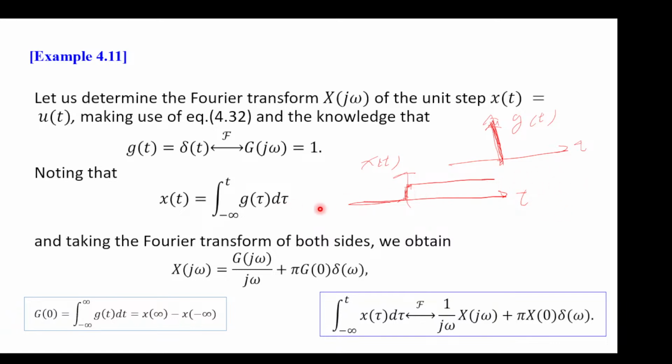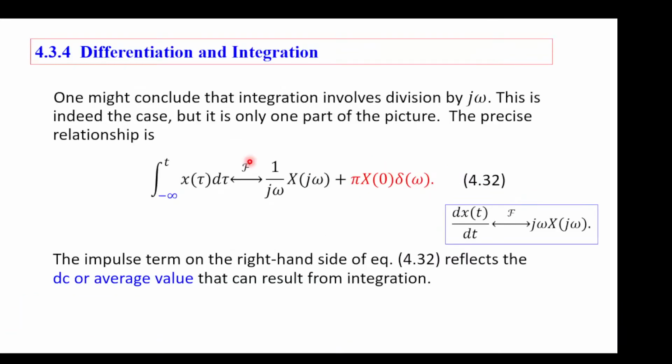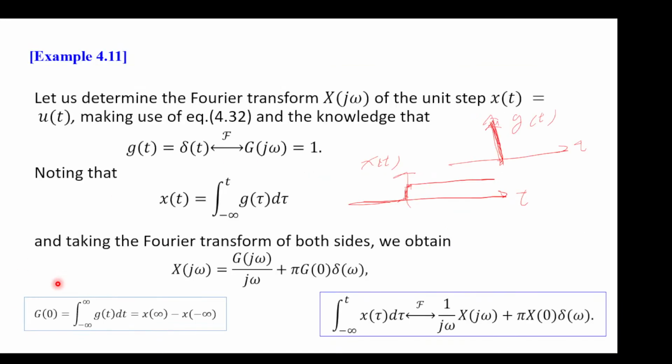With a unit step, it's flat at plus infinity at height 1, and flat at minus infinity at height 0. The change of height is what we mean by this DC or average value, and the change of height will give you a delta function. So we just plug in a formula to see what we get for this delta function.